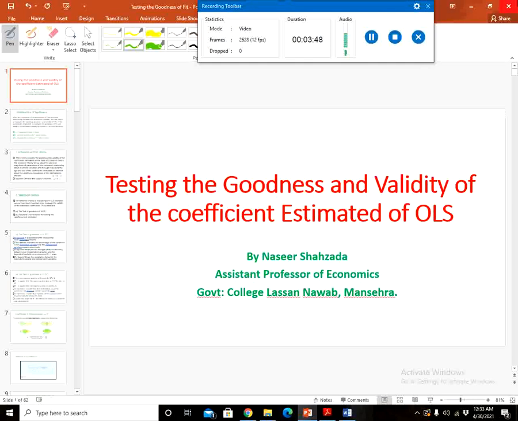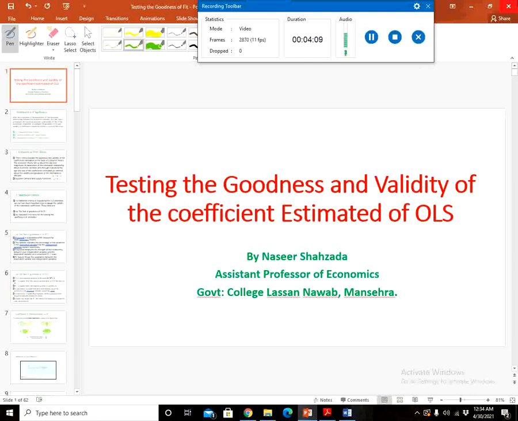As we know, the coefficients we estimated through the OLS model are estimated out of sample data, and there are some errors and variation in the sample data.